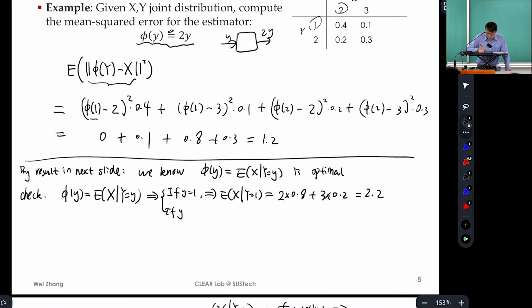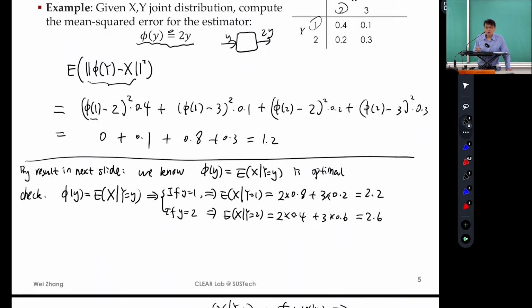And if Y is 2, then we get X given Y equal to 2. When Y is 2, X is still random. It takes values 2 and 3 with probabilities 0.4 and 0.6, so 2 times 0.4 plus 3 times 0.6, which is 2.6.